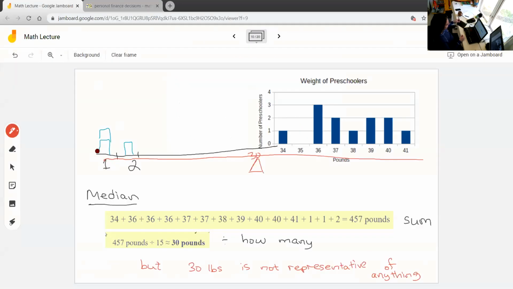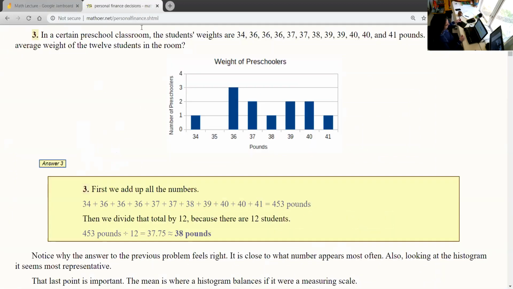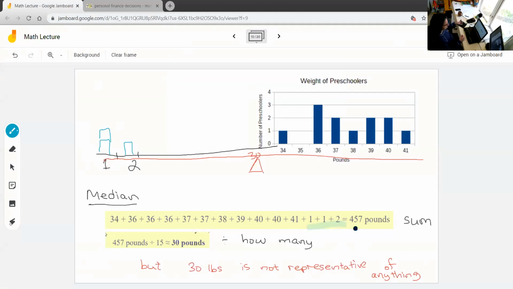On the other hand, if we put in a 1 and a 2, that made the total only a tiny bit bigger, from 453 to 457. But we divided by a substantially bigger number.